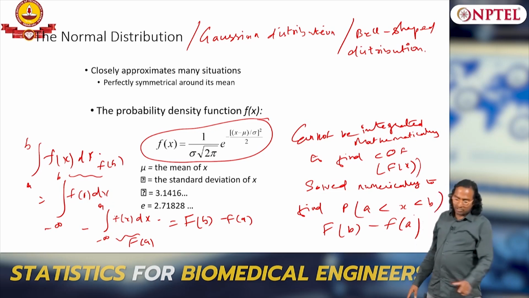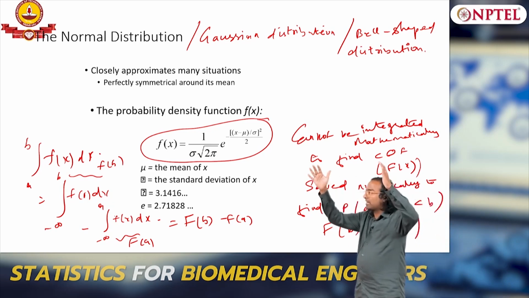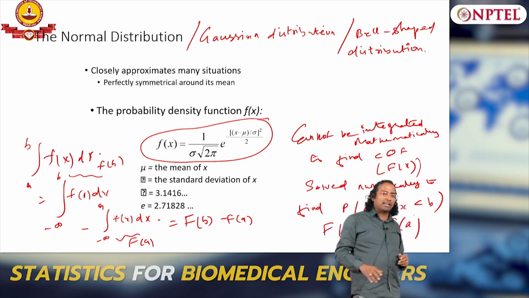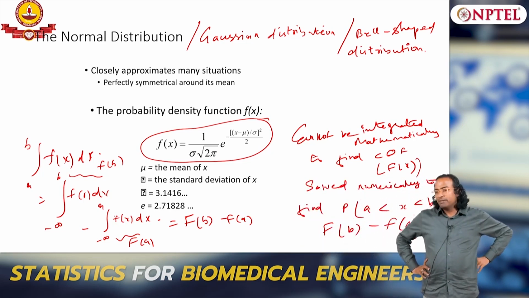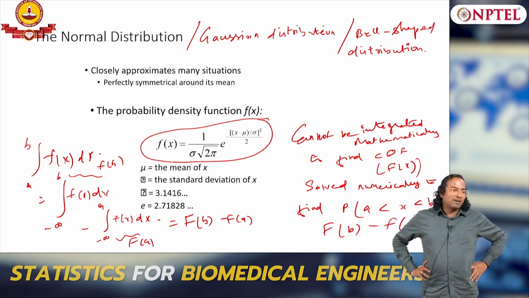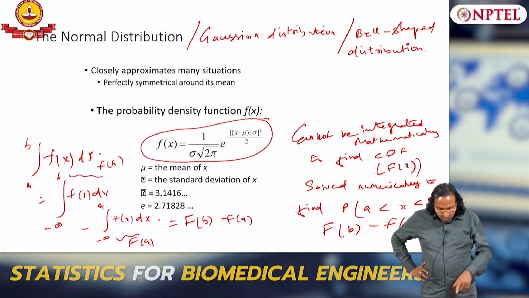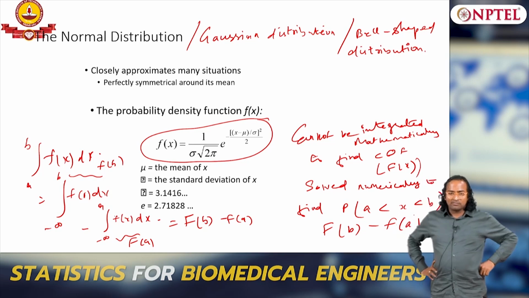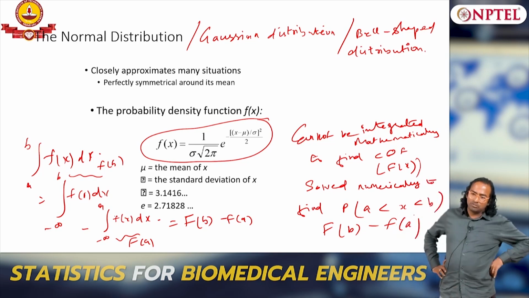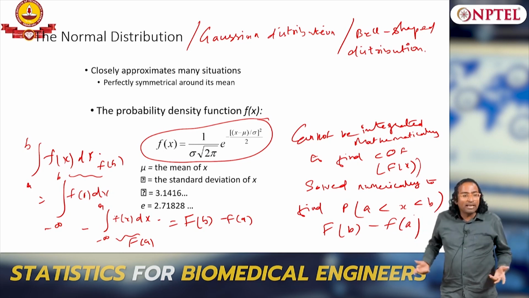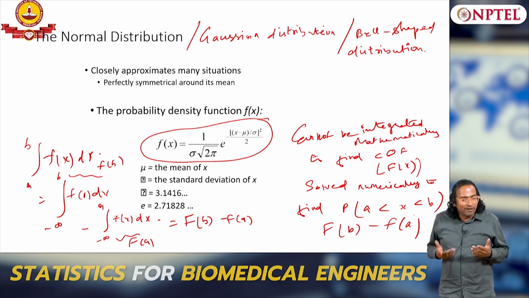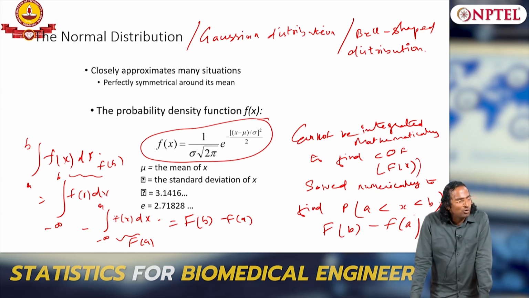I cannot define the probability of an event occurring within an interval, let us say x lying between a and b. I have to do this integration, but it is not possible mathematically. So I have to do this integration numerically, but how many times will I do it? Every time I have to do numerical integration.